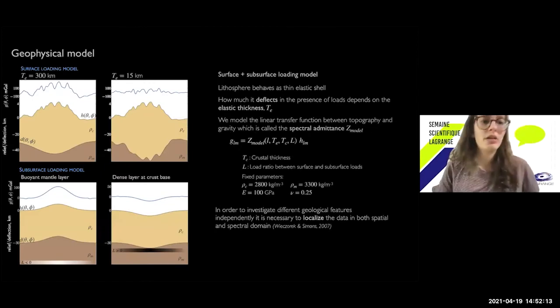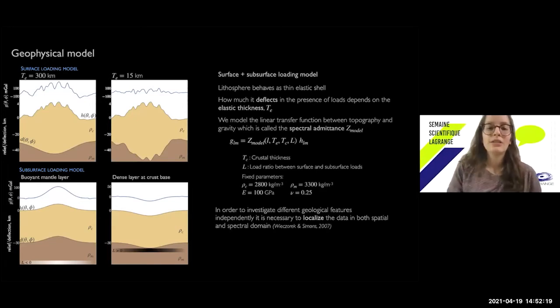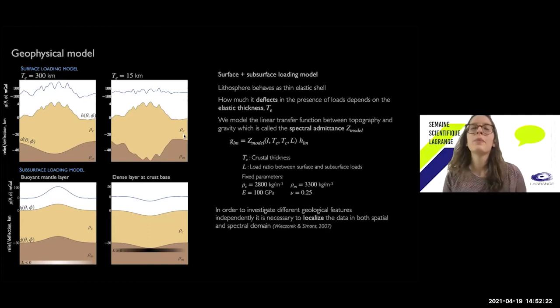So what I'm working on is to try to constrain the interior structure of these features. And to do that, I considered that the outer shell of the planet, the mechanical outer shell that we call the lithosphere, behaves elastically. So when we put a load on top, a mountain on top of this lithosphere, how much it deflects in the presence of this load is driven by a parameter that we call elastic thickness.